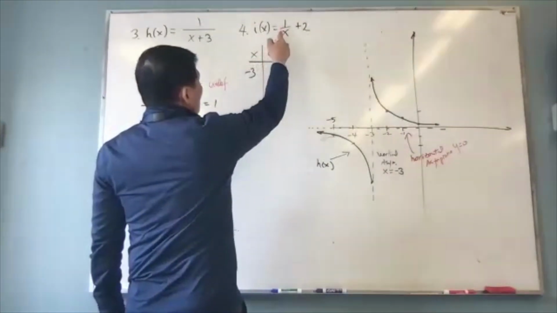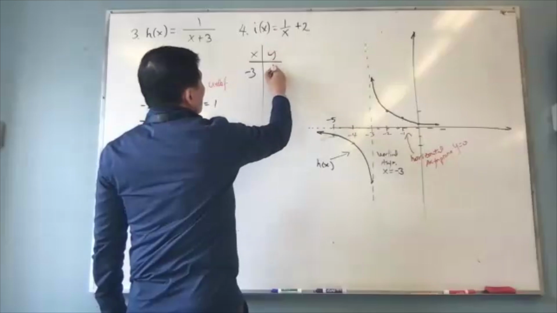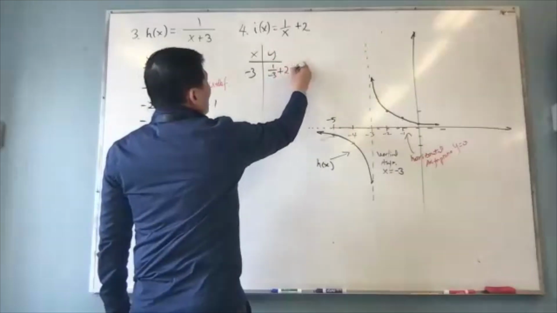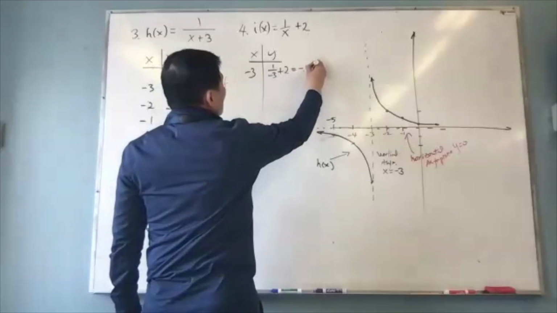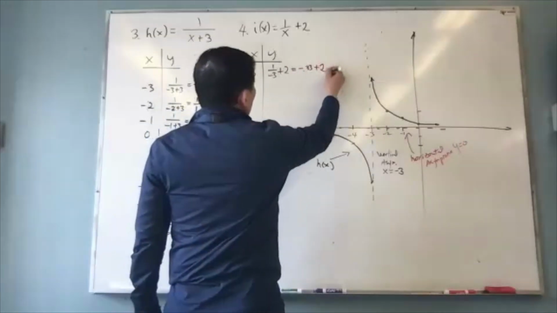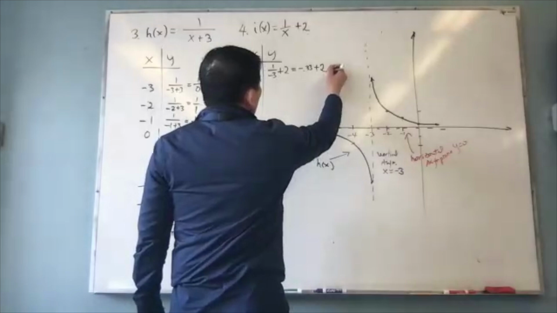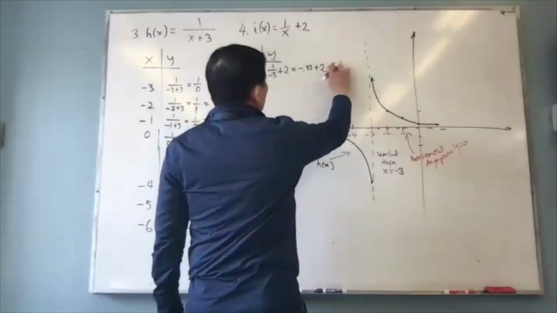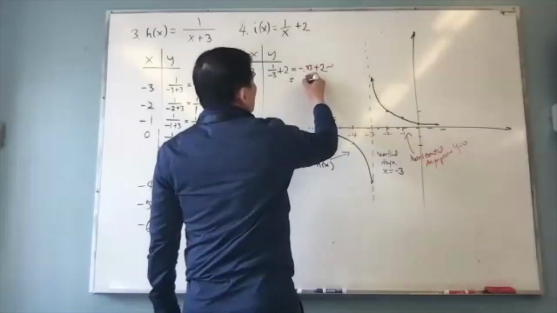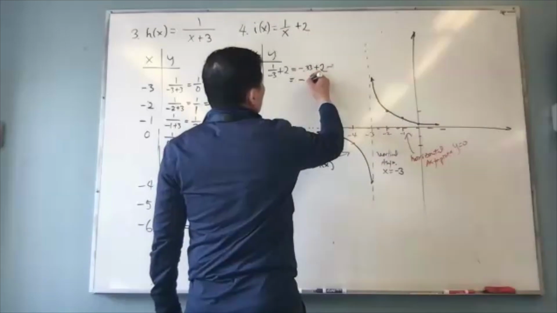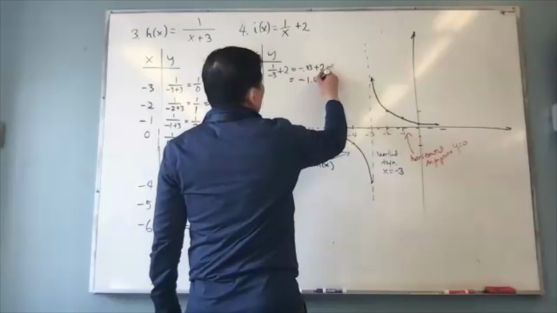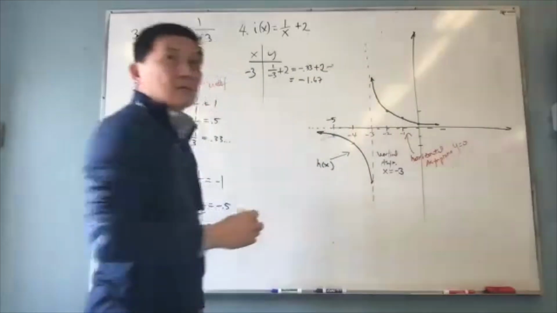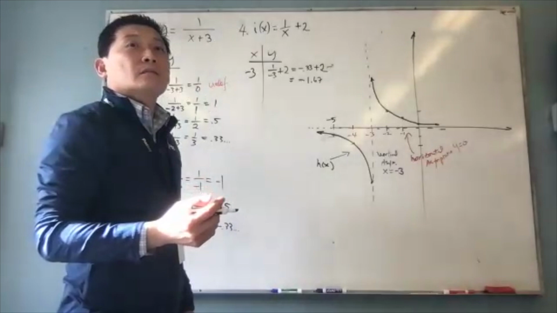-3. -3 is equal to 1 over -3 plus 2, which is -0.33 plus 2, right? Which is roughly around 1.67, right? Yeah.